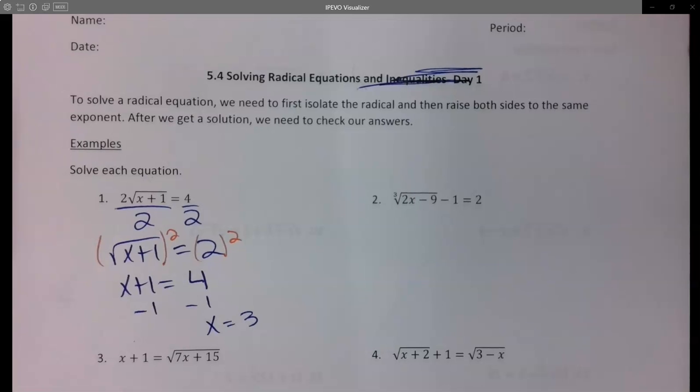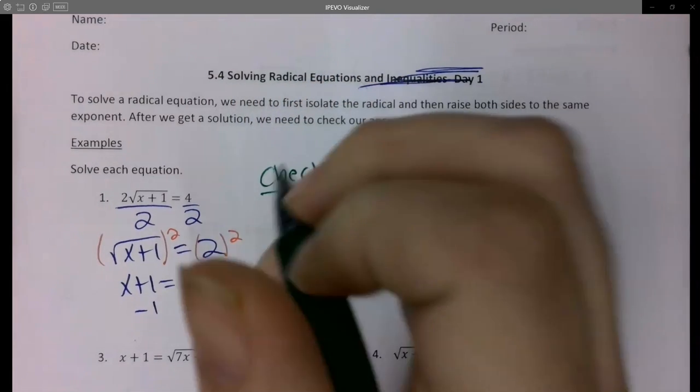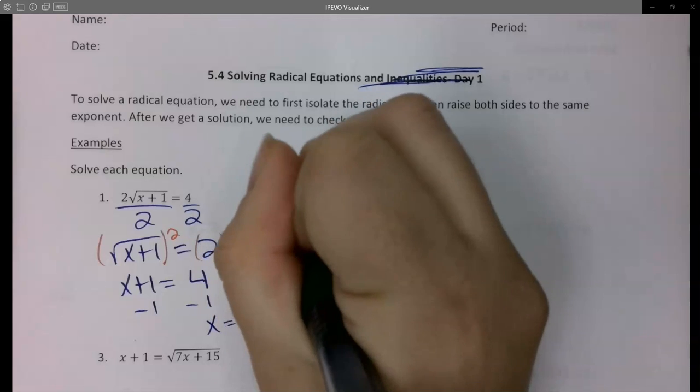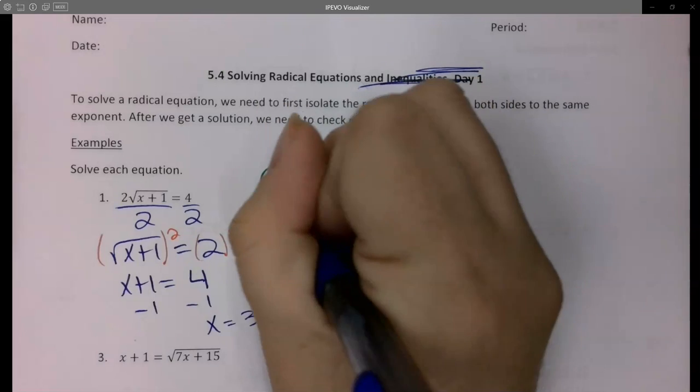Whenever I get an answer, I need to check it to make sure it works. So I'm going to plug in that 3 and make sure it works.